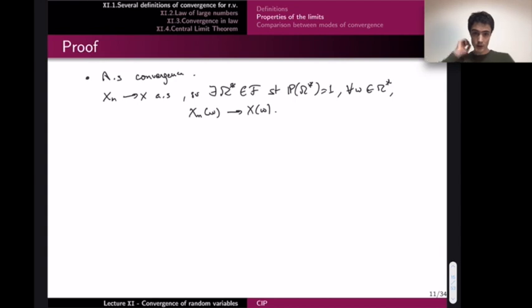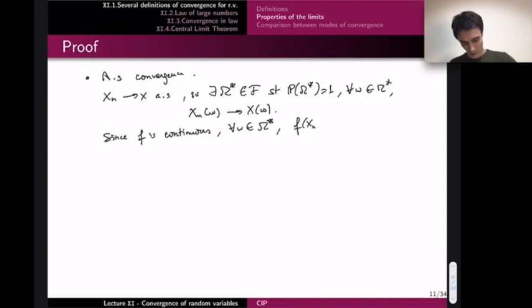Okay, that's almost sure convergence, and here I will apply to this convergence in R my function f, which is continuous on R. So since f is continuous, for any omega, so here somehow I fix omega, f of xn of omega converges to f of x of omega.